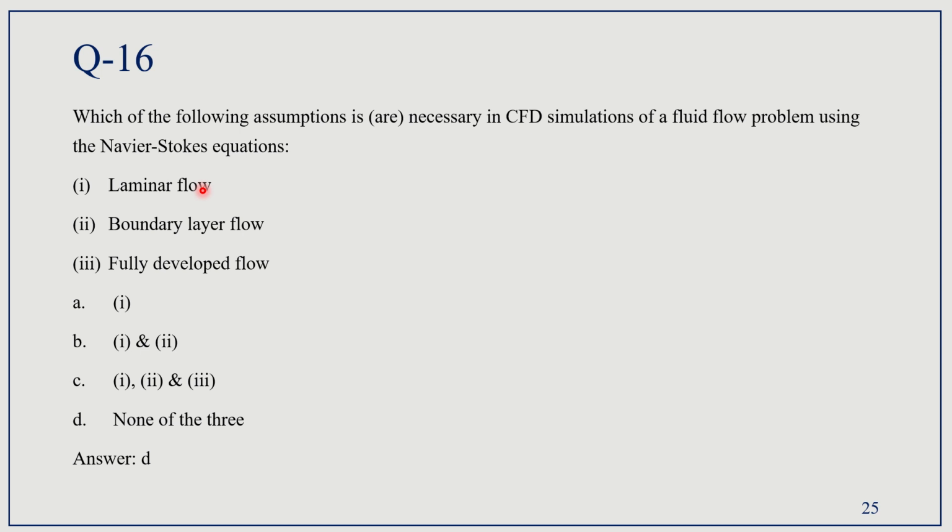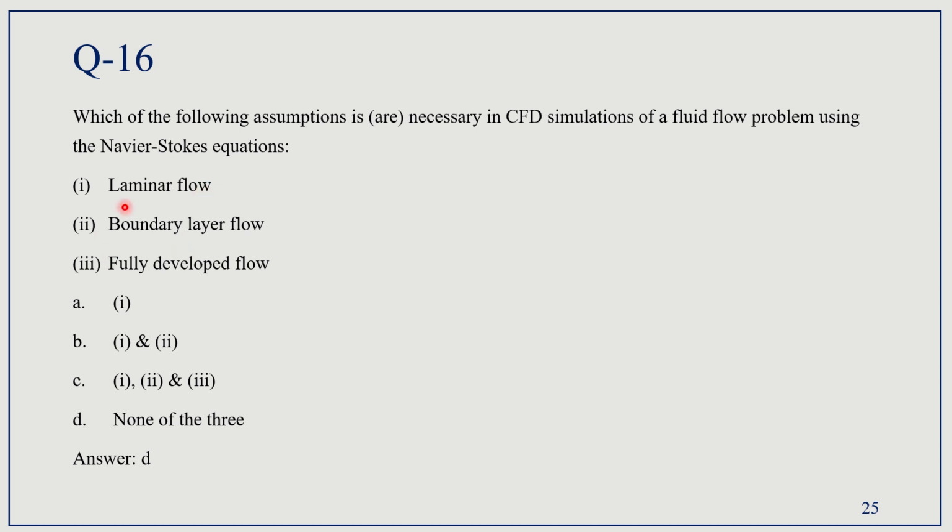It is a simplification of the Navier-Stokes equation. Boundary layer approximation exists, but it is not a basic case. In the basic case, we can solve laminar, turbulent or any type of flows. So boundary layer flow is one approximation which deals with a few cases. But in the generalized case, we need not make this assumption. This assumption is not required.